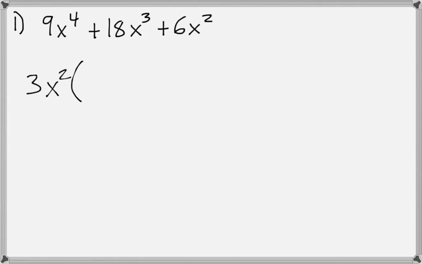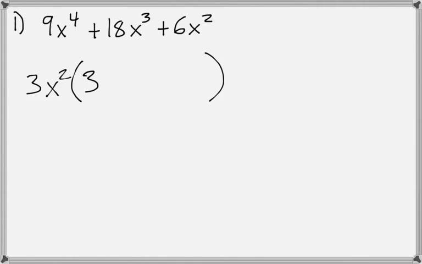So then I'm going to put a big open parentheses, and I'm factoring out this 3x squared. So I need to put what's left in each term. If you factor out a 3x squared out of 9x to the 4th, again, it's the same as dividing by it. So 9 divided by 3 is 3, and then I had x to the 4th.